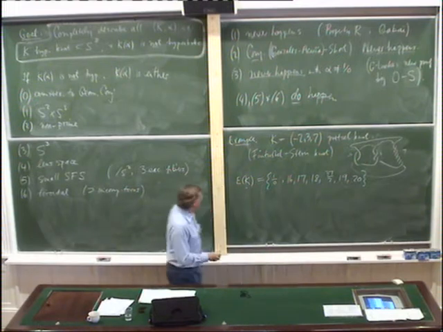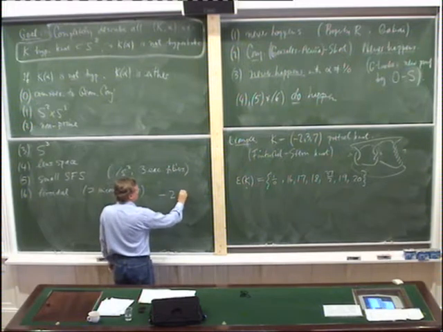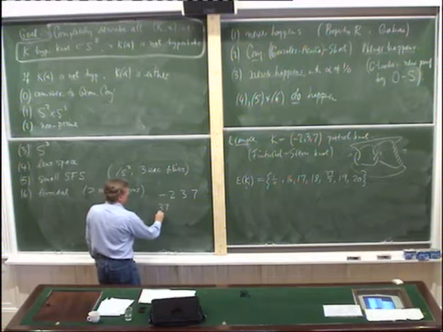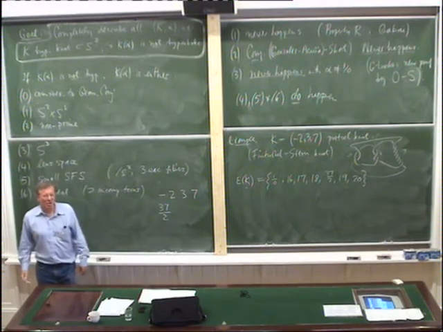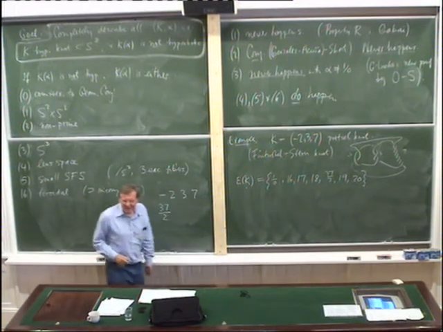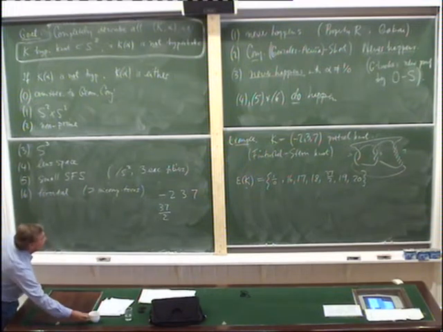If you take the symbols minus, 2, 3, and 7 and rearrange them, you get 3, 7, 2. So there's no excuse for not remembering. Makes you think, doesn't it?